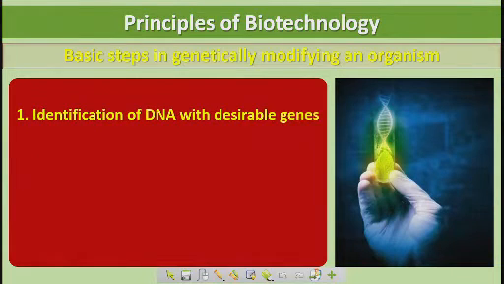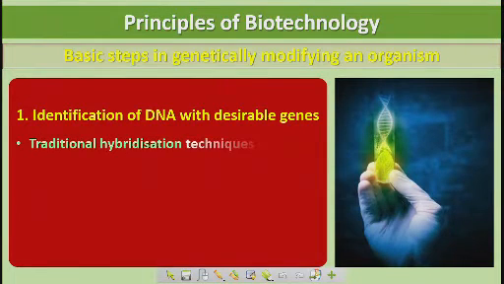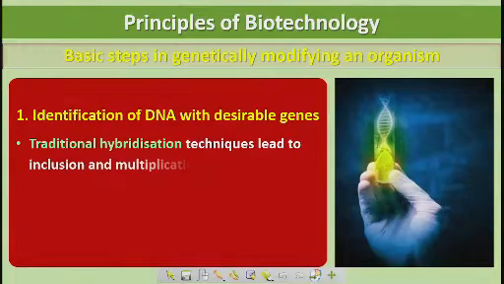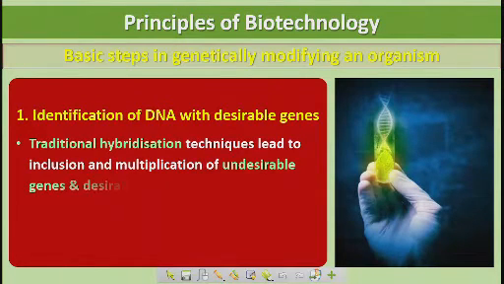So, we will discuss the first step, that is the identification of DNA with desired genes. The traditional hybridization techniques lead to inclusion and multiplication of undesirable genes along with desirable genes.